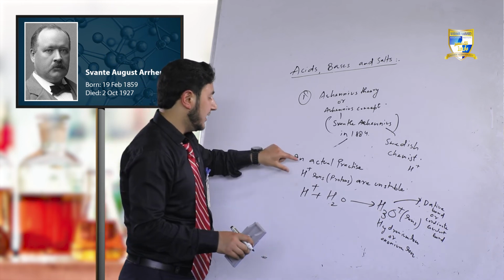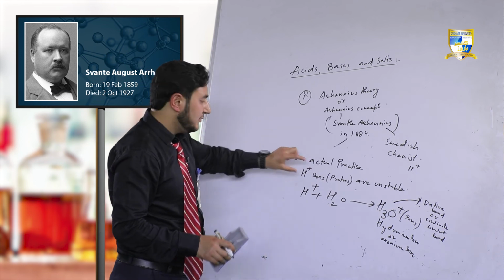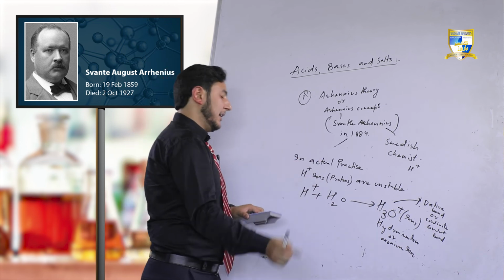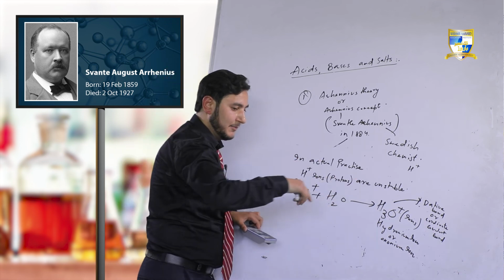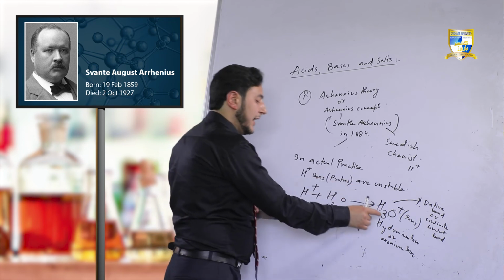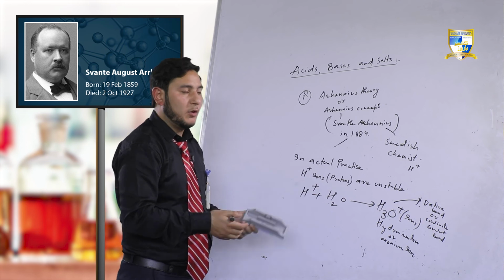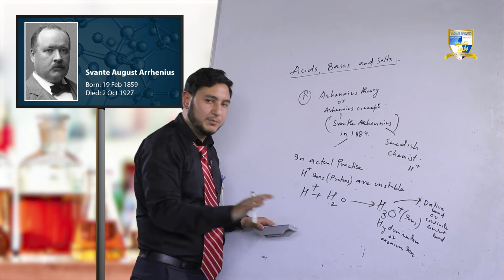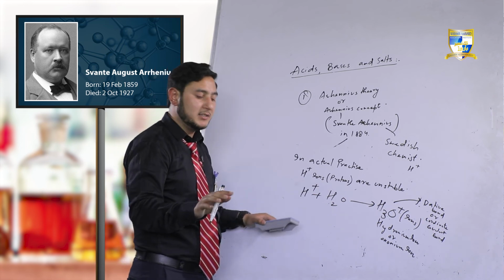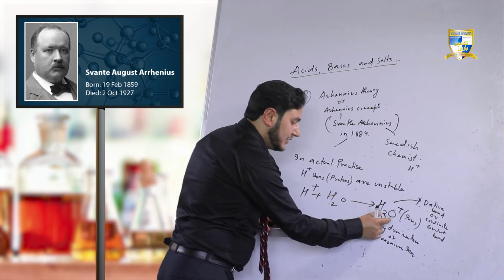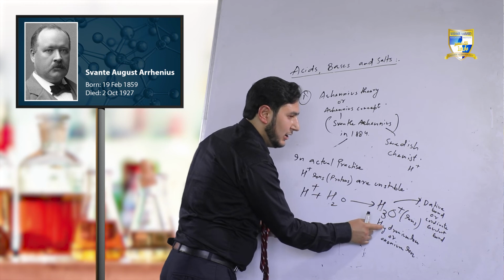So in actual practice, H positive ions that an acid releases go into the water, react with the water molecules, combine with them and form H3O positive ions. So what is there when an acid is dissolved in the water? There are no H positive ions floating over the surface of water. There are only H3O positive ions, that is the hydronium ion.